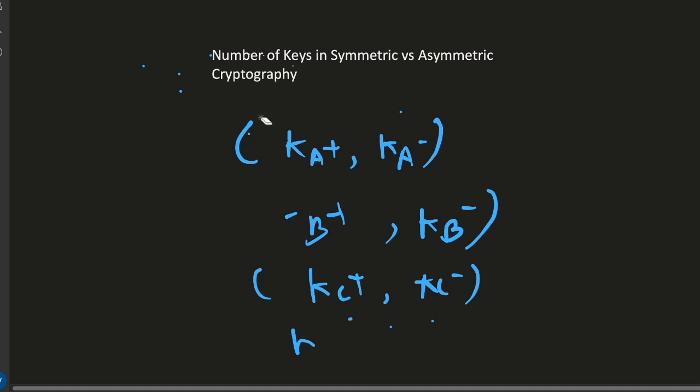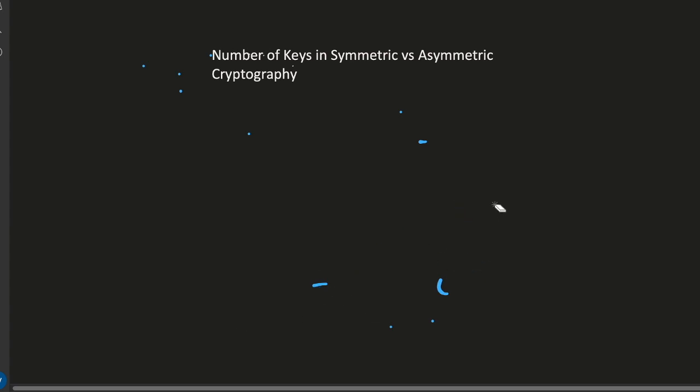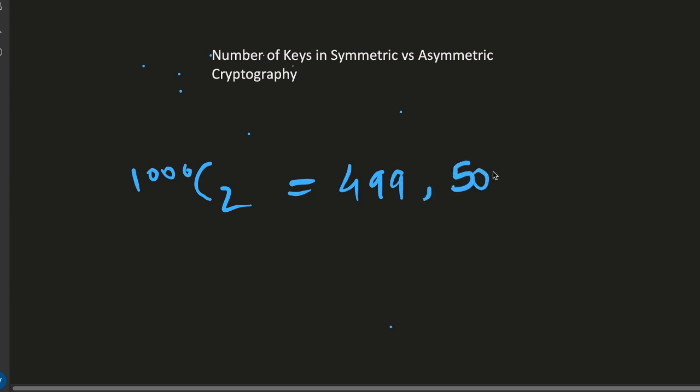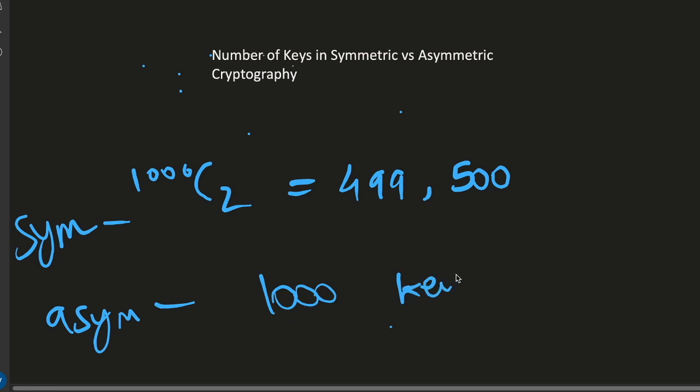In this case, let's try calculating how many keys you'll be needing for 1,000 people, which will be 1,000 C2. From what my calculator tells me, 1,000 C2 is 499K. So we'd need that many symmetric keys in symmetric key cryptography, whereas in asymmetric key cryptography, I would just need 1,000 key pairs.